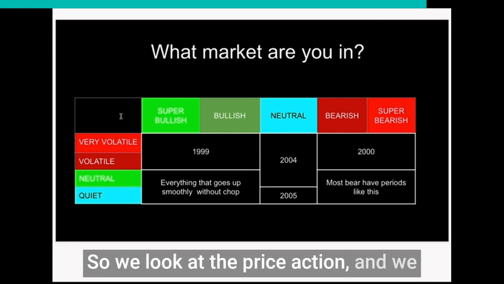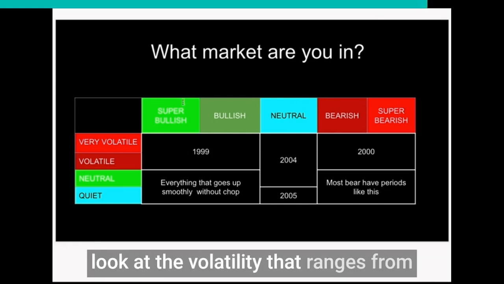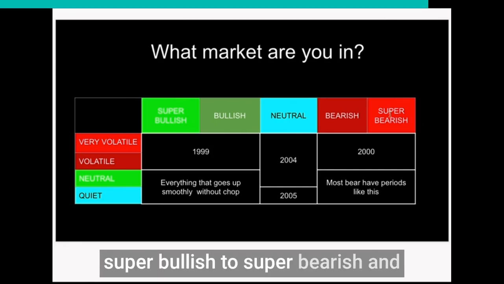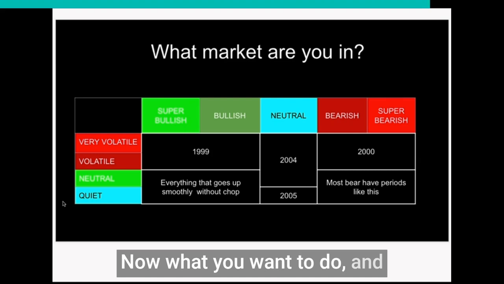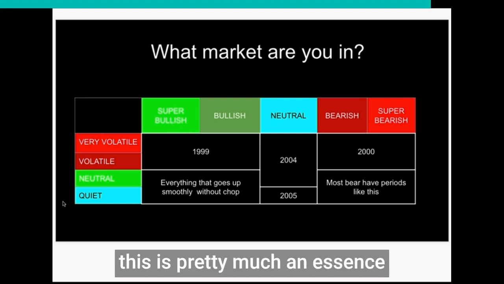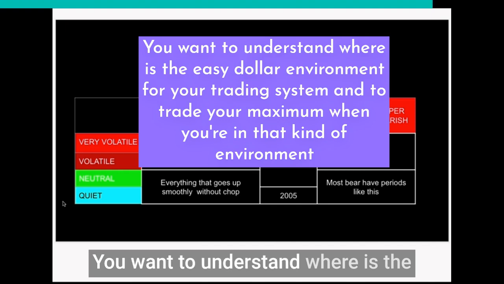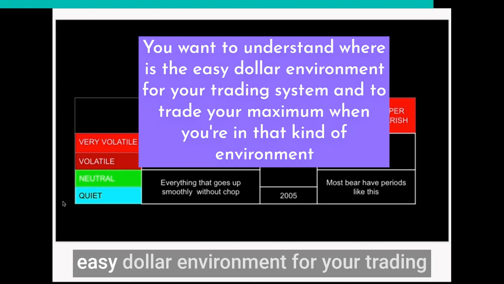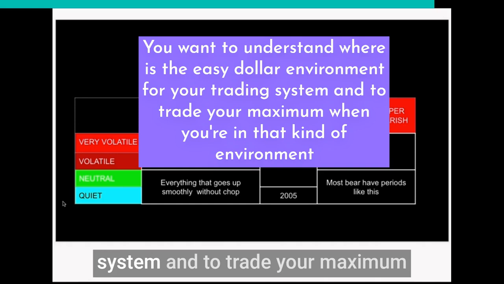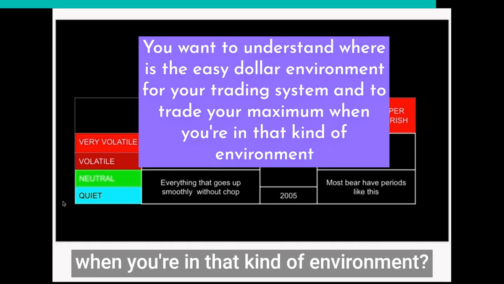So we look at the price action and we look at the volatility. That ranges from super bullish to super bearish and from volatile to quiet environment. Now, what you want to do, and this is pretty much an essence that 95% of the traders do not get, you want to understand where is the easy dollar environment for your trading system and to trade your maximum when you're in that kind of environment.